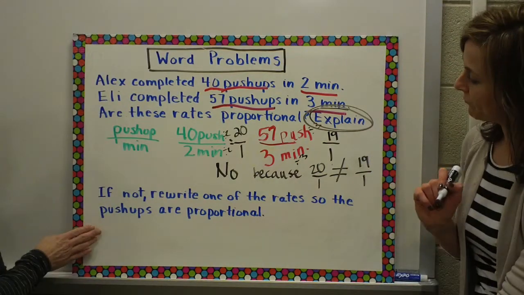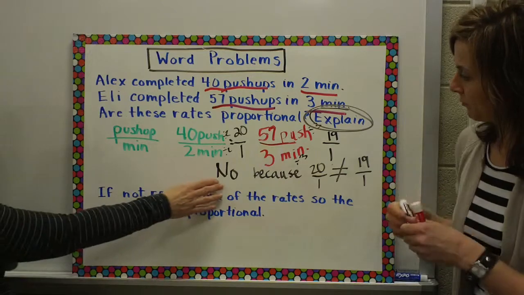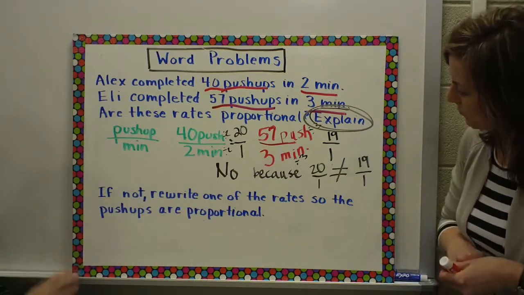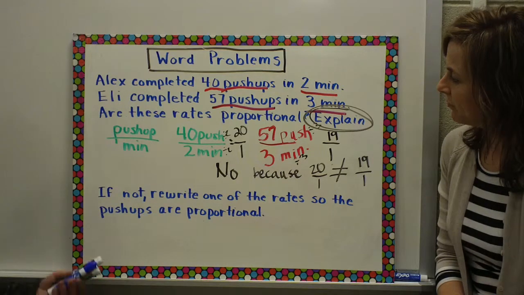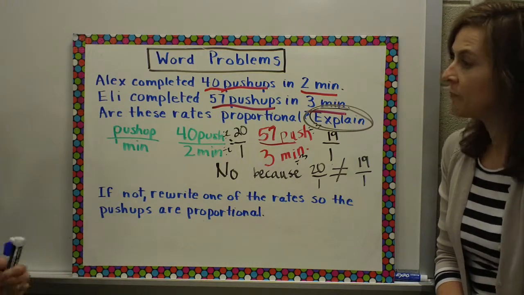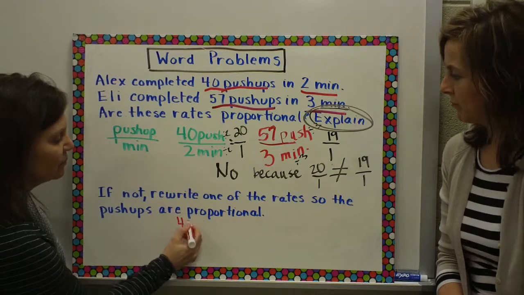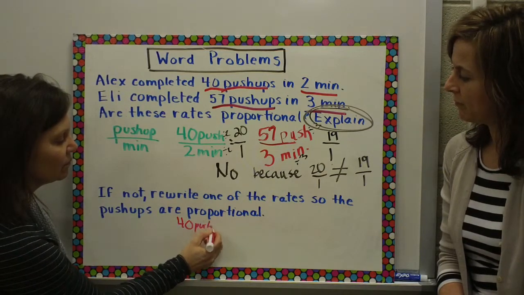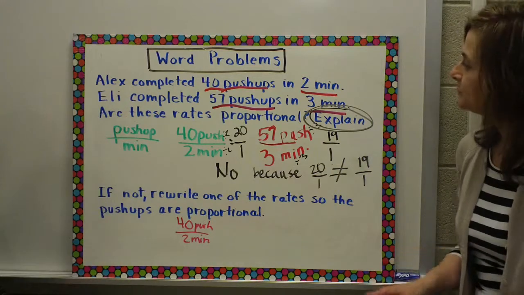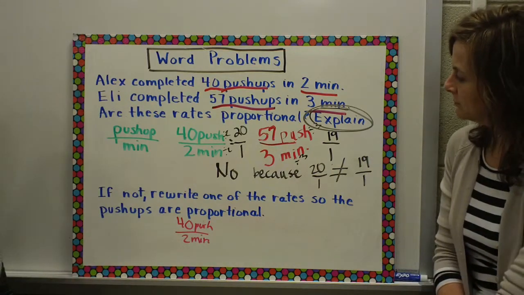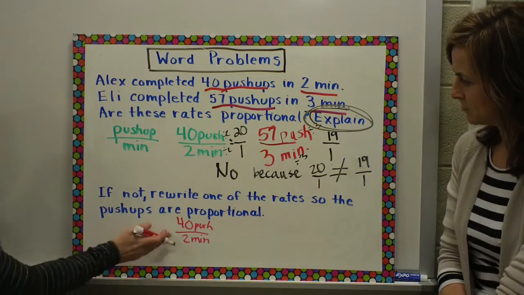The next part says, if not, and we said no, rewrite one of the rates so the push-ups are proportional. So Alex, let's use his. He had 40 push-ups in 2 minutes. And for Eli, we need to change that because we want to also have it be the same.